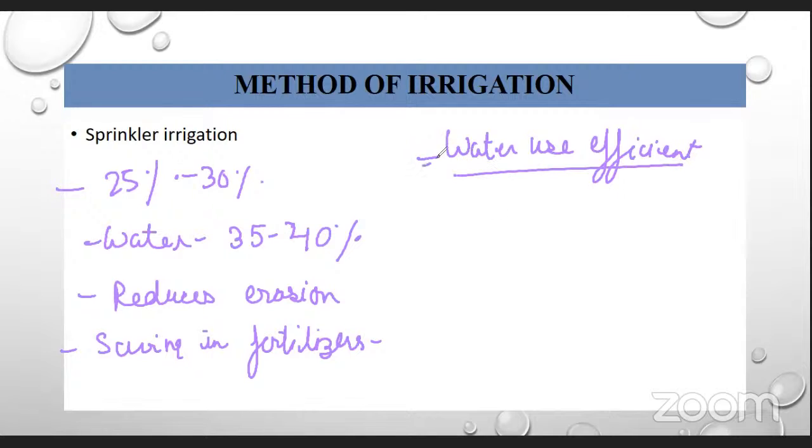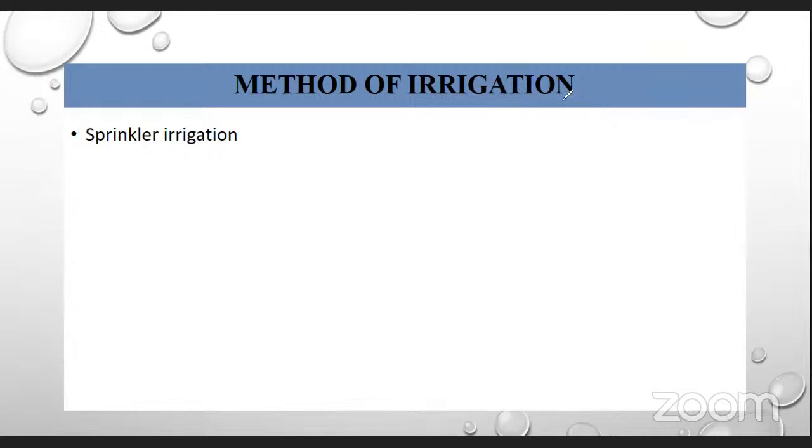Okay, so the water use efficiency is also going to be increased in this, and this is especially suitable for slopes, meaning where steep slopes or rolling topography are there, in those areas this sprinkler irrigation has very much importance.